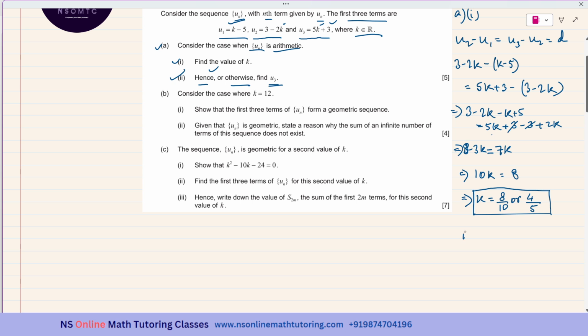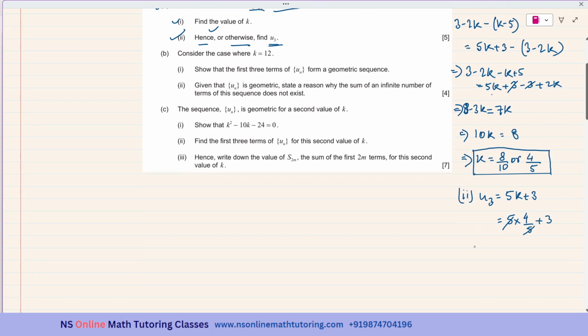So u3 equal to 5k plus 3, which is 5 times 4 over 5 plus 3, and these two will be cancelling, so it is just 4 plus 3. So therefore u3 is equal to 7.